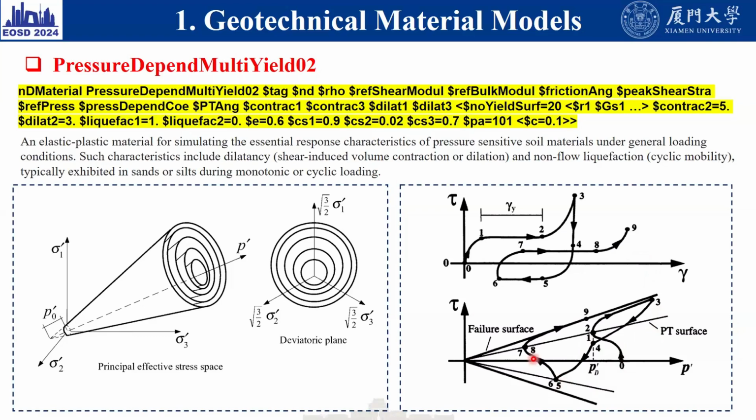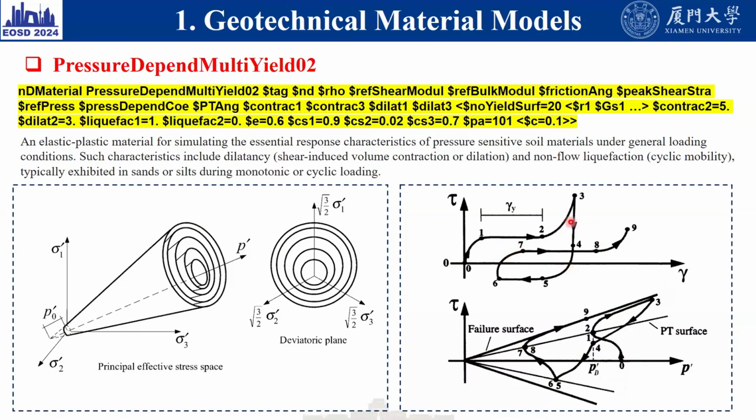So when the soil is under cyclic loading, the confinement will be gradually reduced from 0 to 1 to 3, 4, 5, 6, 7, 9, 10, maybe 11. When the confinement is low and you keep loading, there is a large deformation, like 7 to 8. This is a post-liquefaction deformation from 7 to 8.